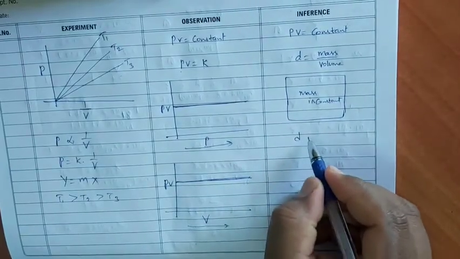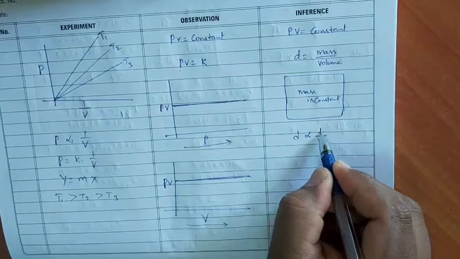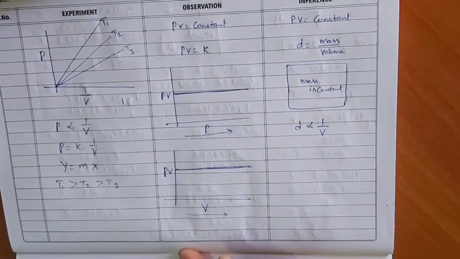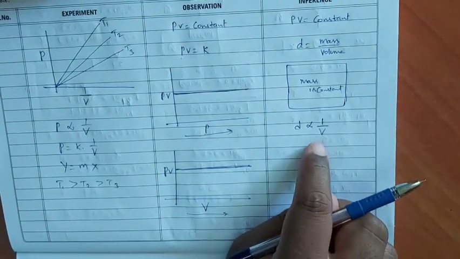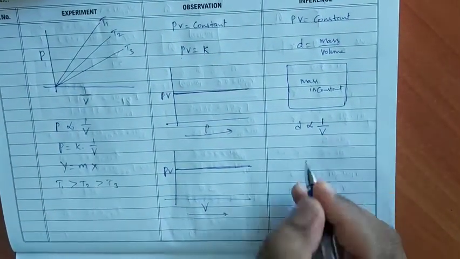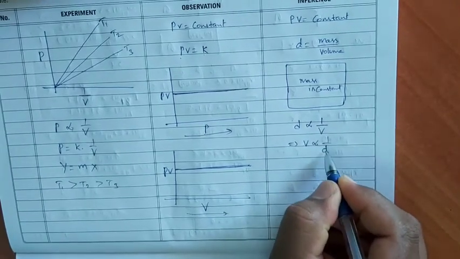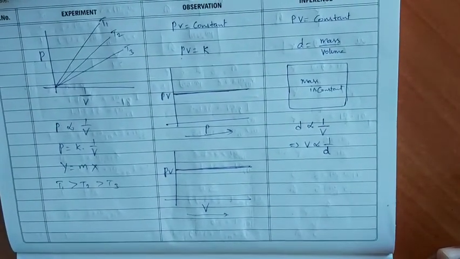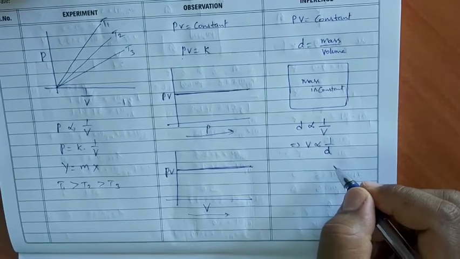Then density is directly proportional to 1 by V. This implies volume is directly proportional to 1 by D.